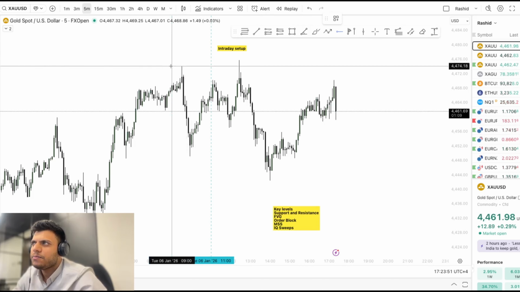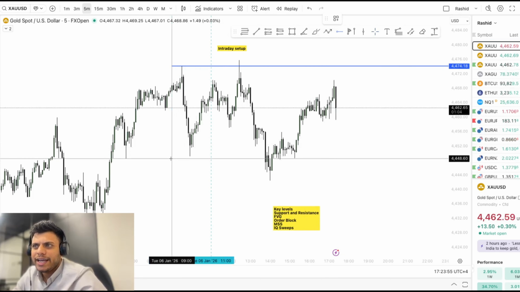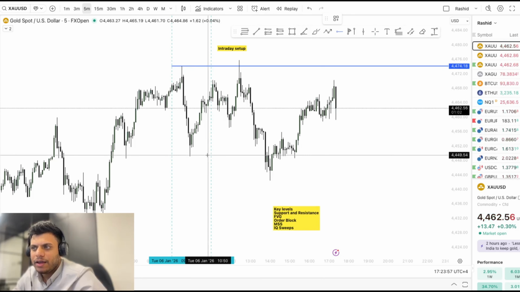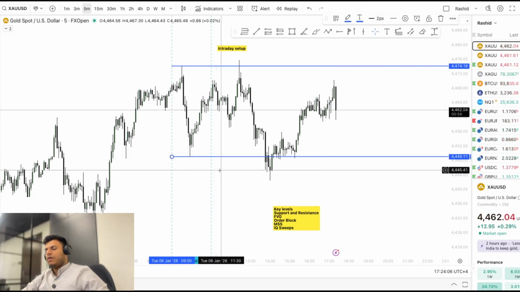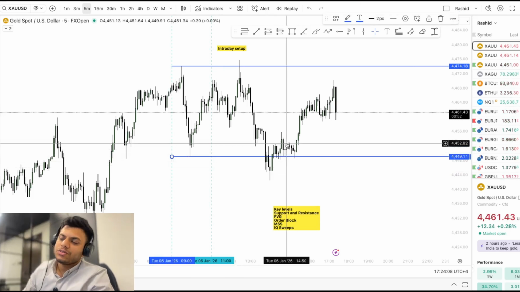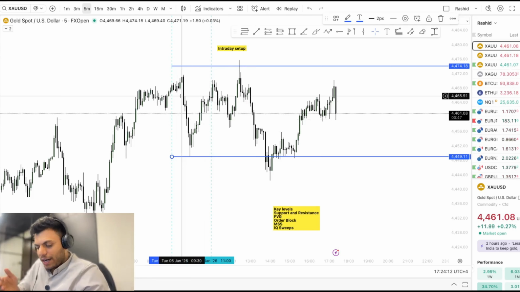Also, 9 a.m. to 11 a.m. is my range, and in this range I'm marking my low as well. This is my low. Make sure this is your trading range for that particular day, the London session.